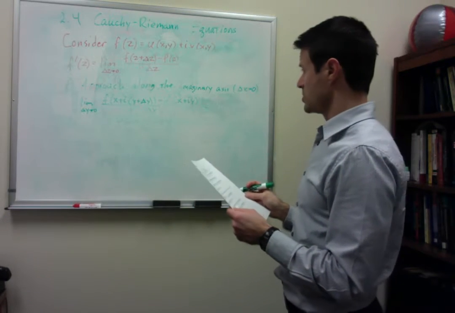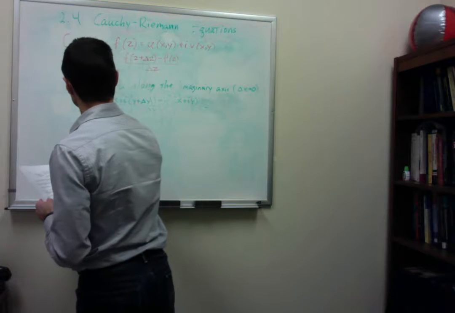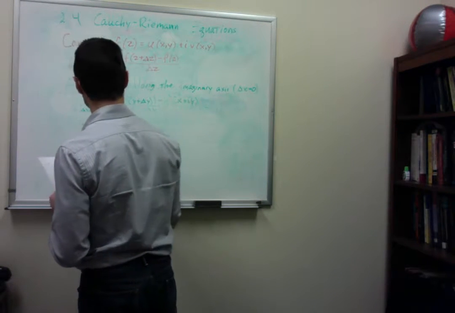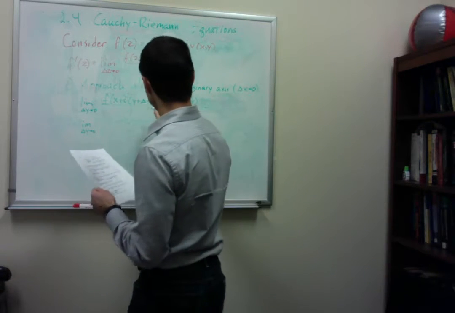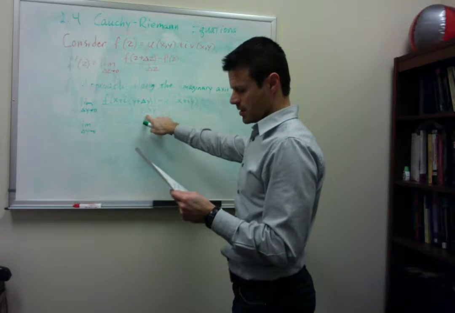And now if we substitute u and v in for f, this is a limit as delta y goes to 0, and the denominator here should have an i delta y.